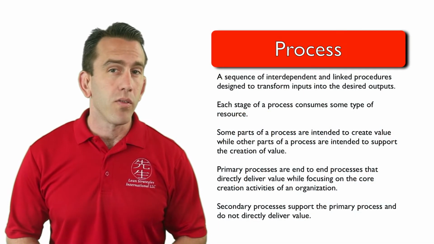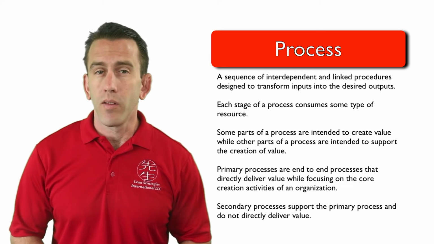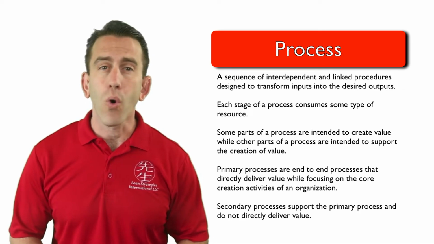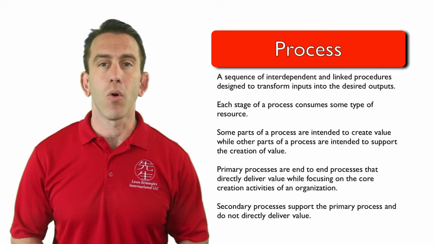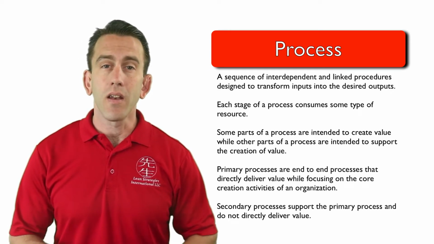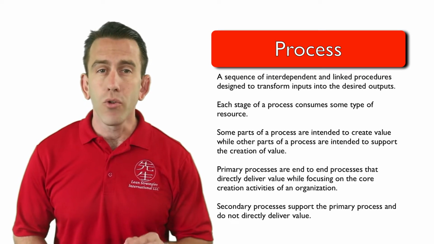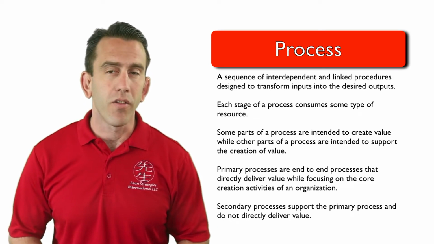Primary processes are end-to-end processes that directly deliver value while focusing on the core creation activities of an organization. Secondary processes support the primary process and do not directly deliver value.